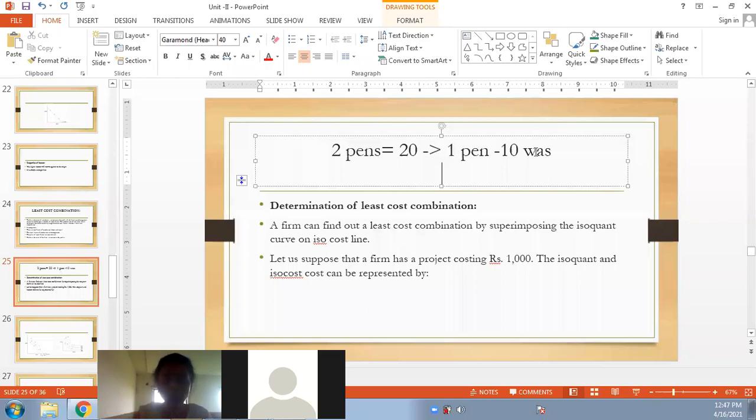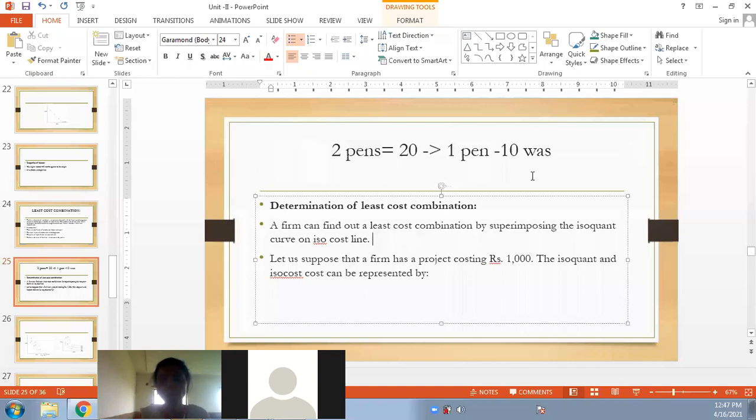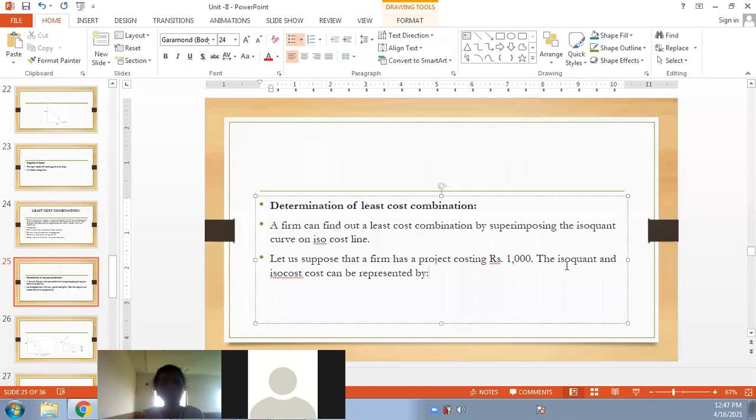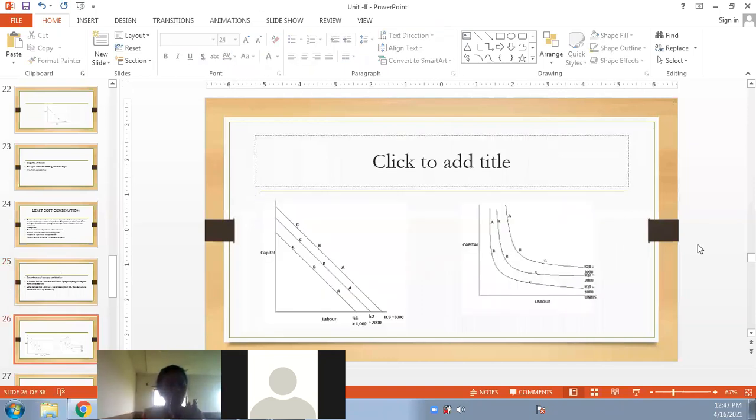As for the second case, we will compromise on the quantity and increase the cost of production. Can we increase it? No, it has to be reduced. Now, in order to find the right combination, how much money has to be spent and how it has to be spent, we will combine the concepts of isocost and isoquant.